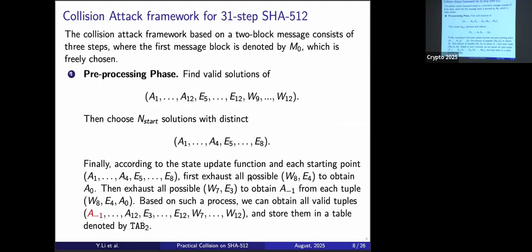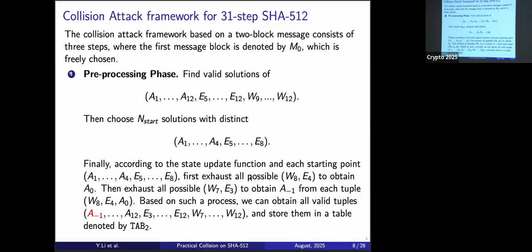In the 31-step attack framework, two message blocks are used. The output of the first message block M0 is put as an input to the second message block, and the first message block can be freely chosen.